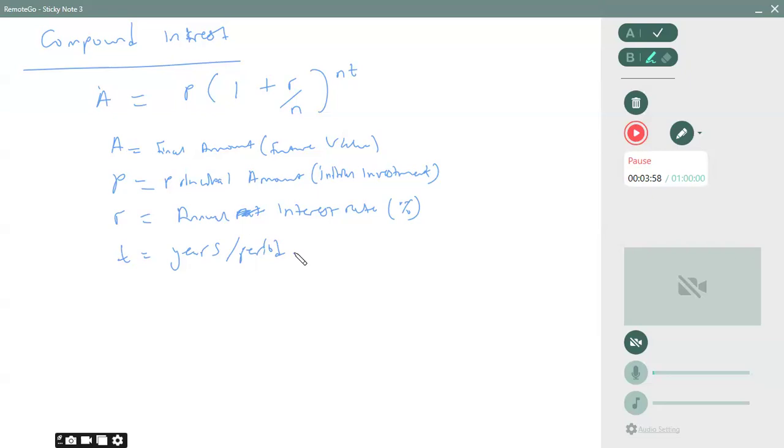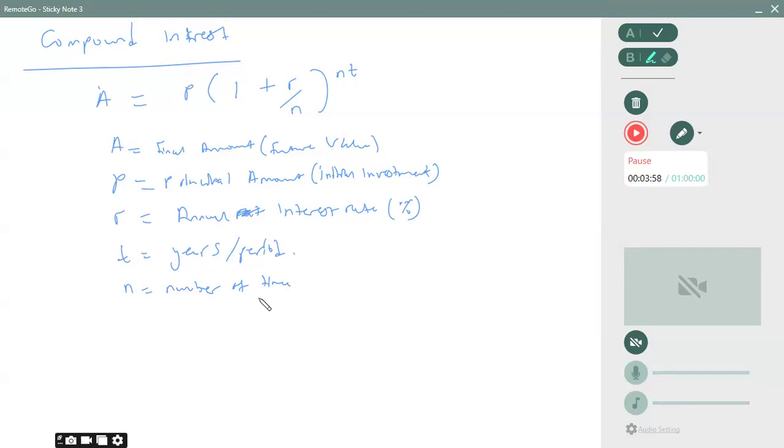Now that you have the skills already, can we look at the question? So that formula. N? Yes, please. How about N? N is the number of times. So T is years, then N is the number of times.